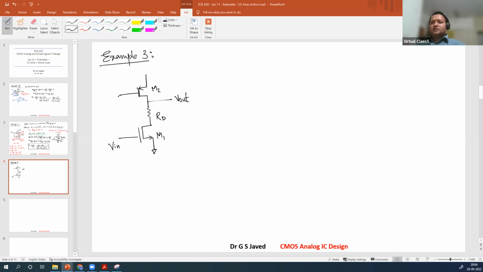The first part is this terminal is connected here. There is VD. Okay. Again, we will have the same question. M1 and M2 are in saturation. Assume M1 and M2 are in saturation. Calculate the voltage gain.